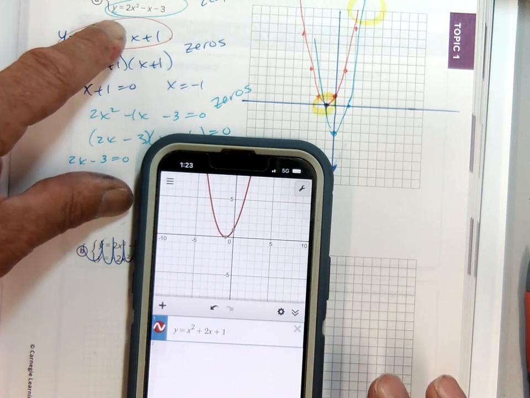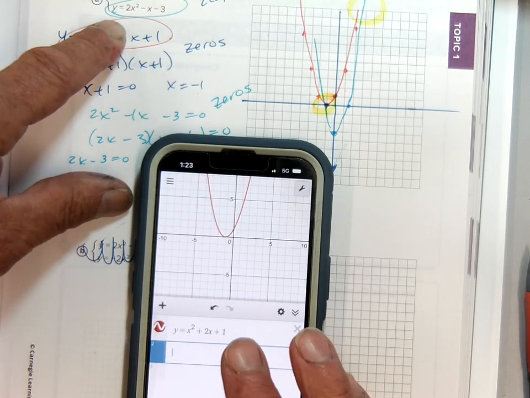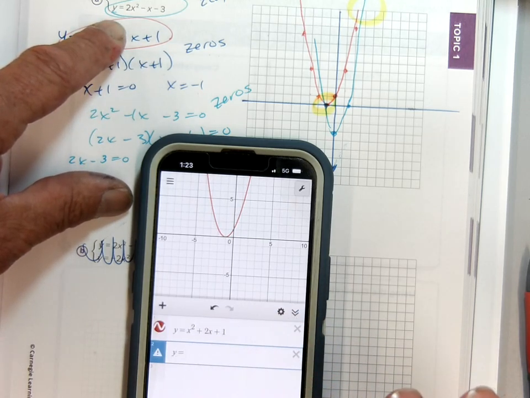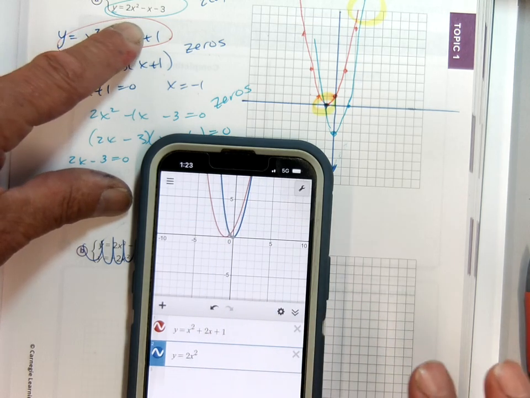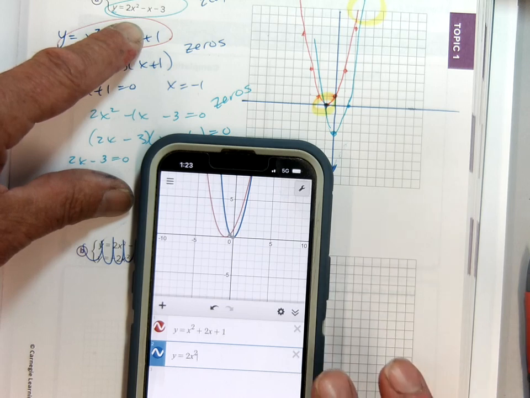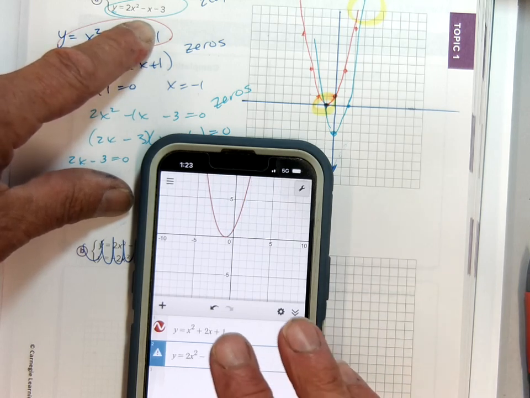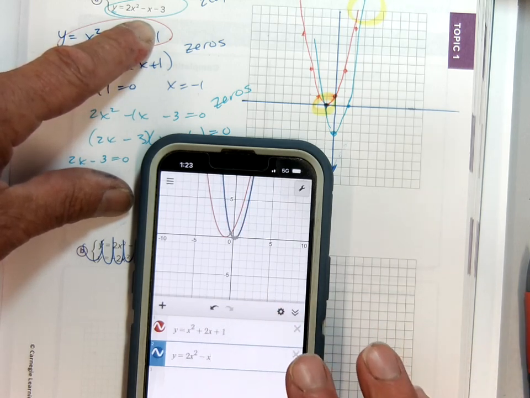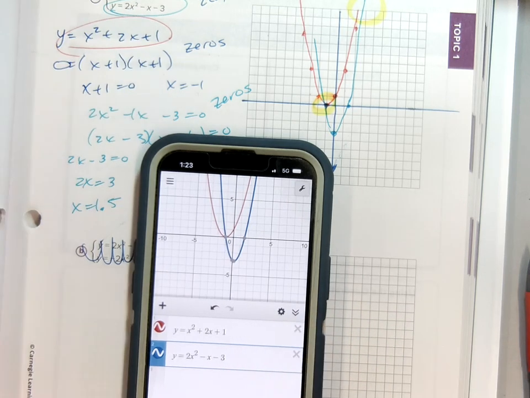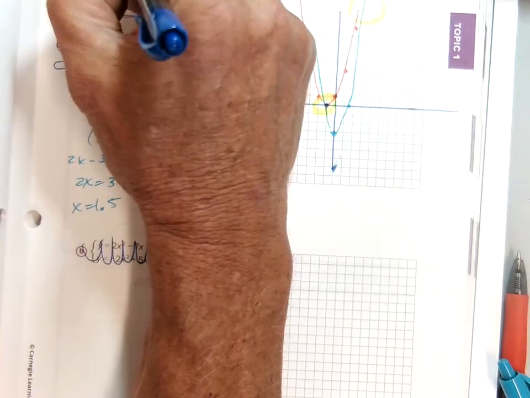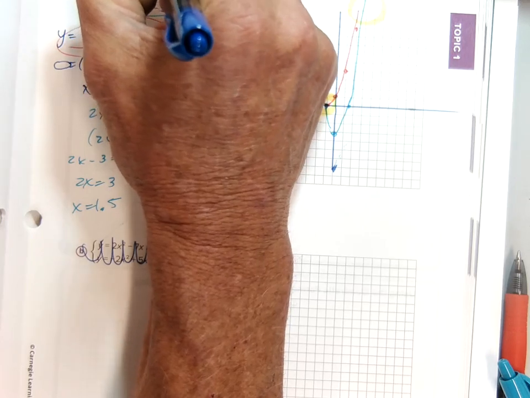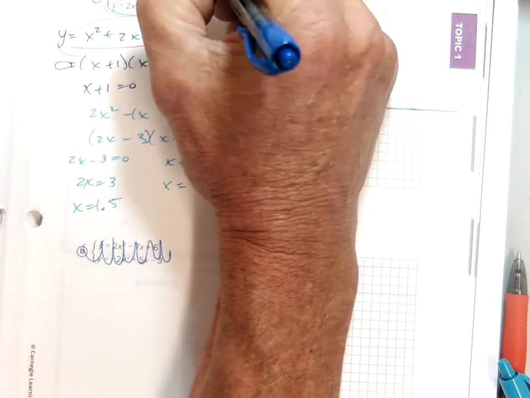And then the other one is y equals 2x squared minus x minus 3. Hey, well, it looks just like what I have, okay? Now, I do see one point of intersection. That's what we're looking for, is we're going to solve this system. Solving the system is to find out where they intersect.